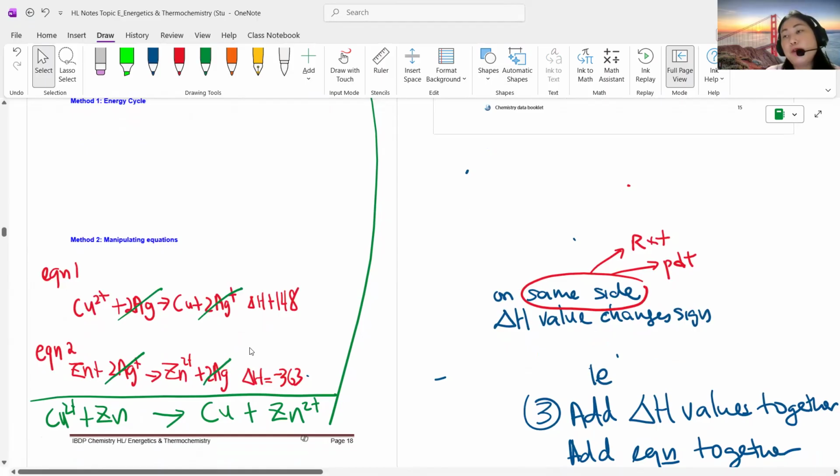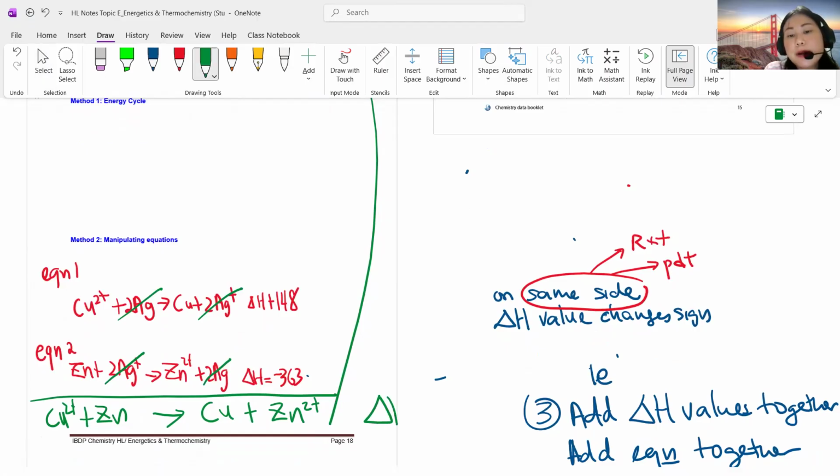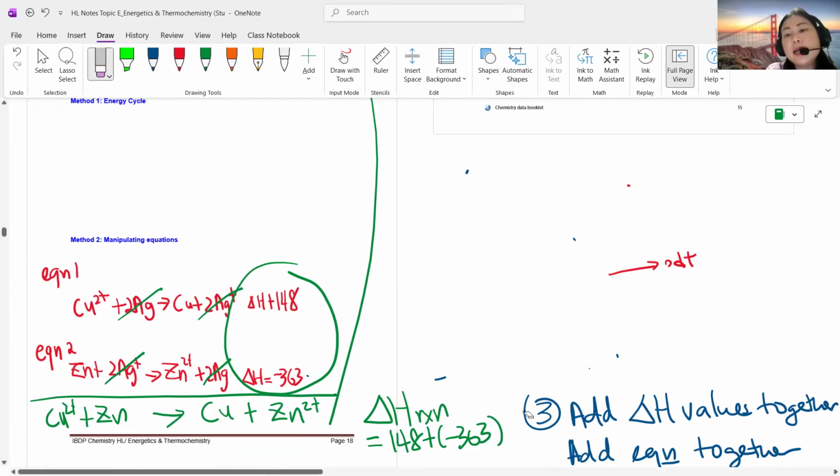So the same will be for the delta H value, right? Since I sum the two equations, I will sum the delta H values that I've arranged. So the delta H of this reaction will therefore be 148 plus negative 363. Sum up the delta H values together, press your calculator, and you will get the delta H of this reaction.